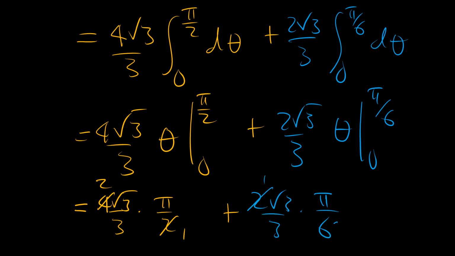So that is equal to 2 root 3 over 3 pi plus root 3 over 9 pi.